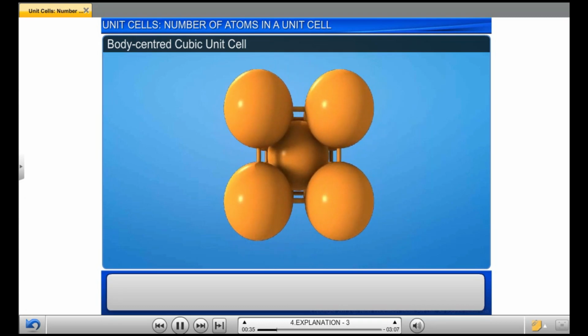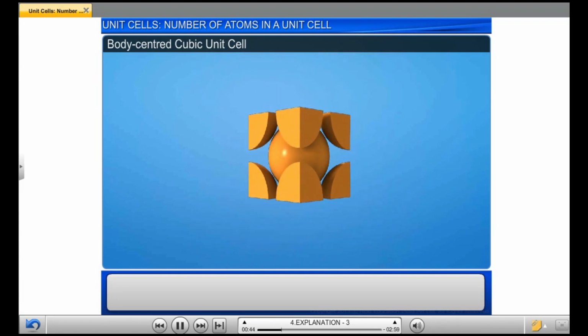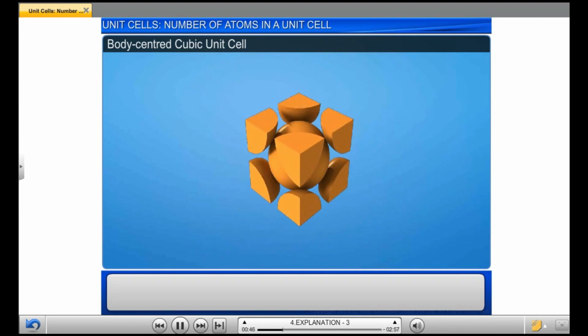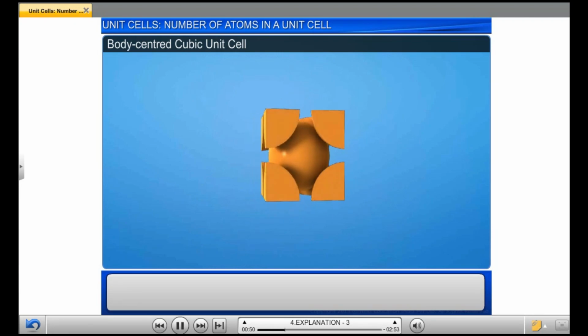The unit cell of a body-centered cubic cell is shown here. It is clear that the 8 atoms at the corners contribute 1/8 of their actual volume each.